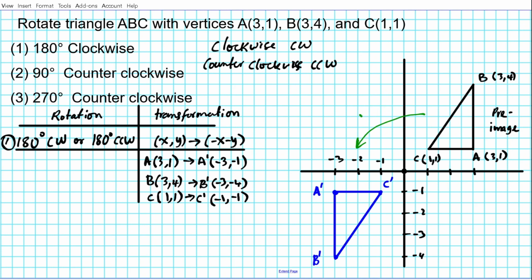So 180, you're going against the clock, counterclockwise, up and around, and then this represents a 180 degrees clockwise rotation. All right, so 180 degrees counterclockwise or 180 degrees clockwise will take you to exactly the same place. And this is the image under the rotation by this specified angle. All right, so let's take a look at the next part.